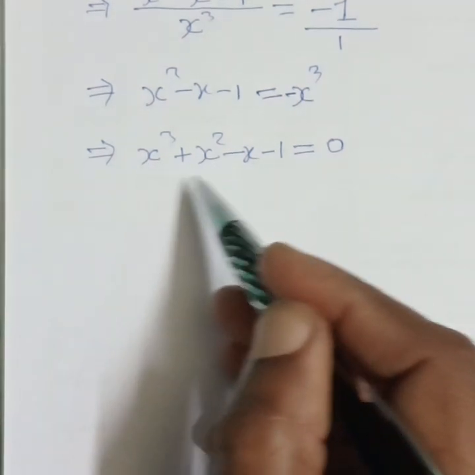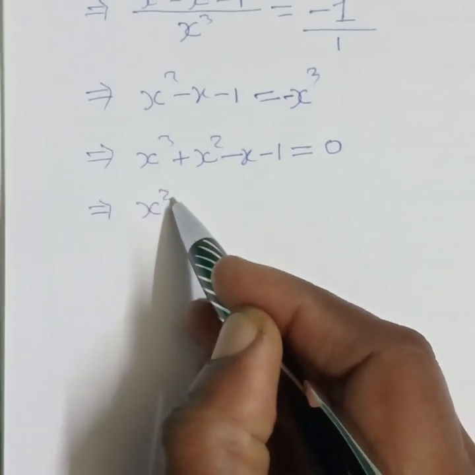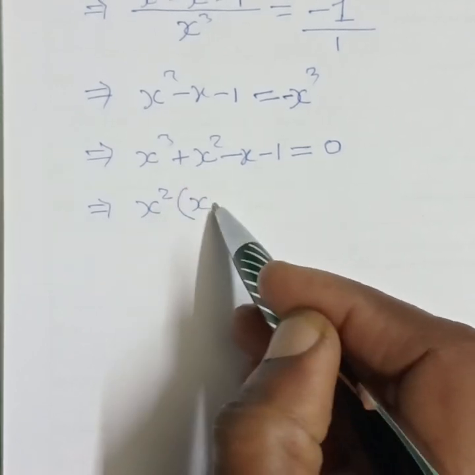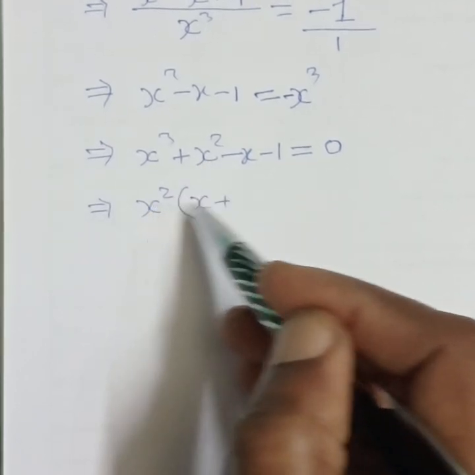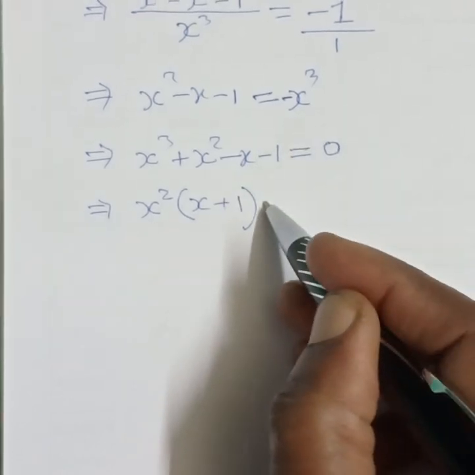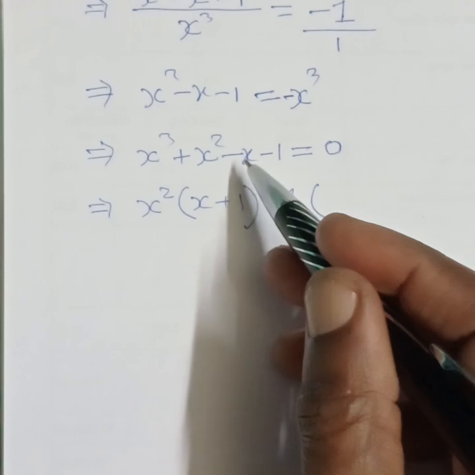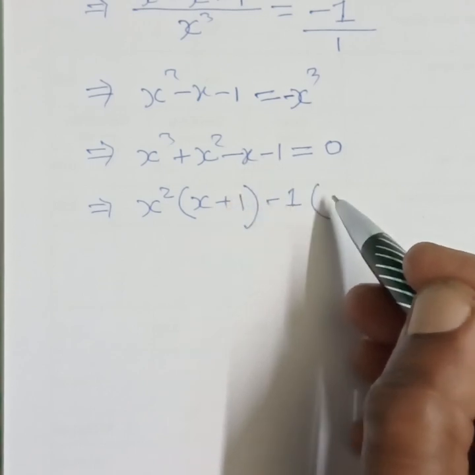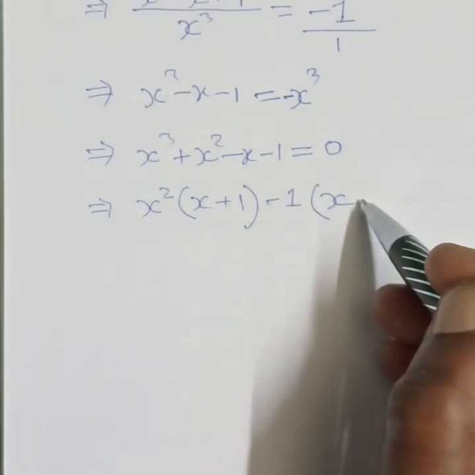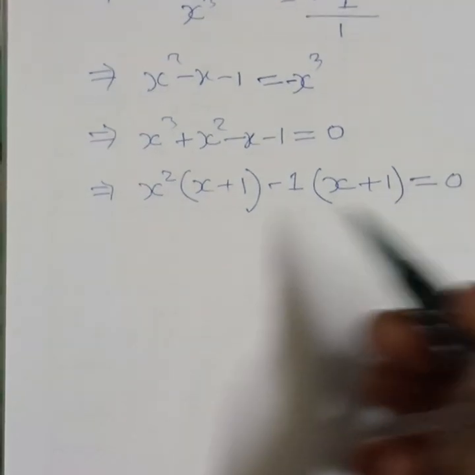From these two terms we take common x². So we have x³/x² is x, plus x²/x² is plus 1. From these two terms we take common −1. Then −x divided by −1 is plus x, −1 divided by −1 is plus 1, equal to 0.